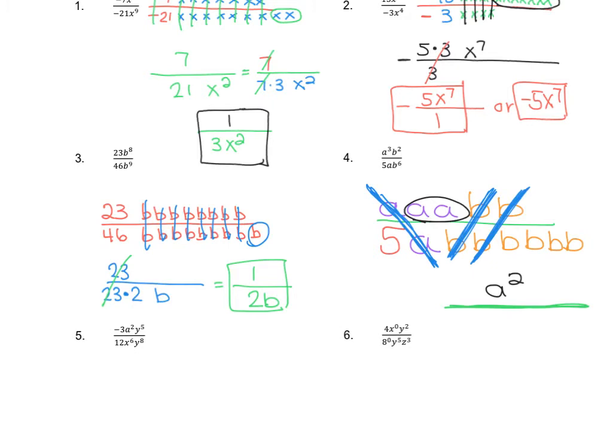And then on the bottom, I have a 5. And then I have 4 b's. So I have b to the 4th. So my final answer is a squared over 5b to the 4th.